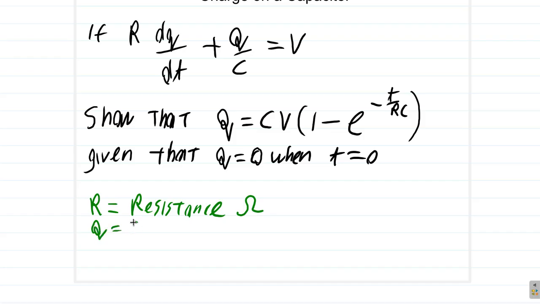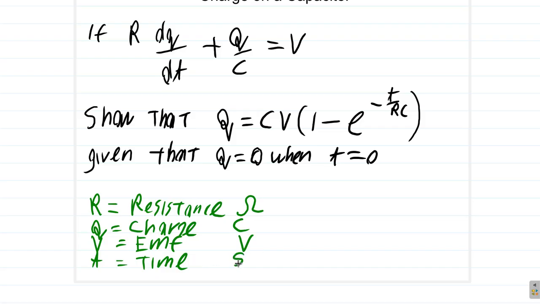Q is the charge in coulombs. V is the EMF in volts. T is time in seconds. And of course E is the Euler number, as you know, 2.718 to 3 decimal places.